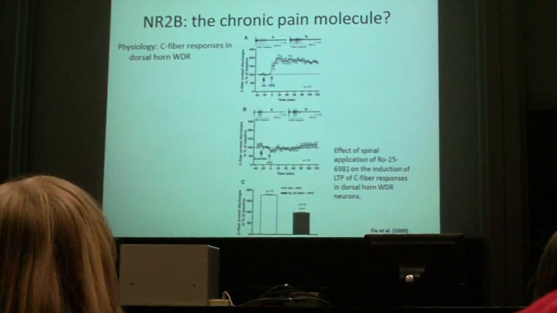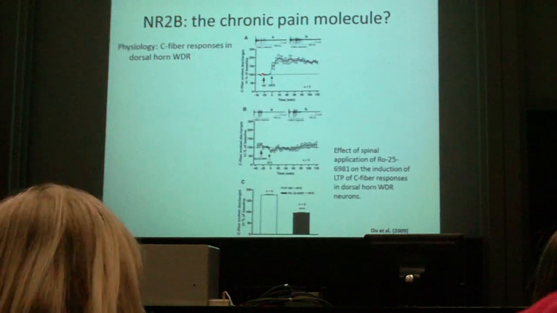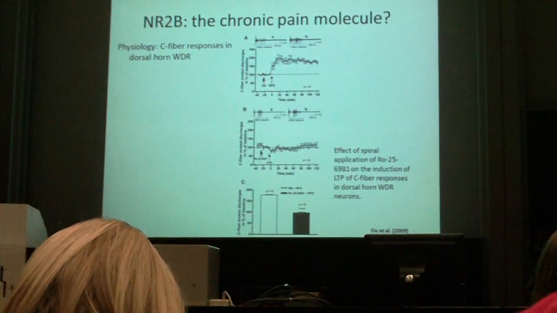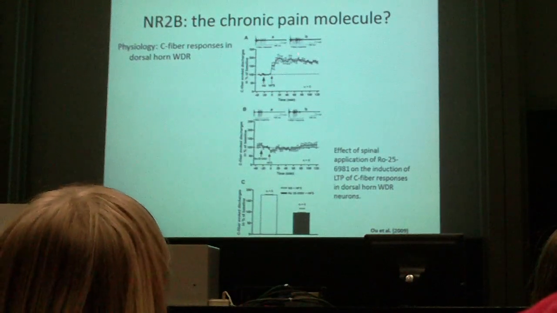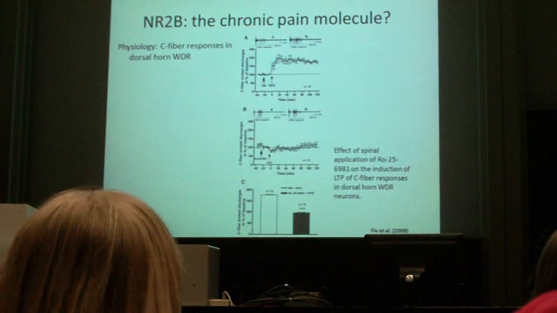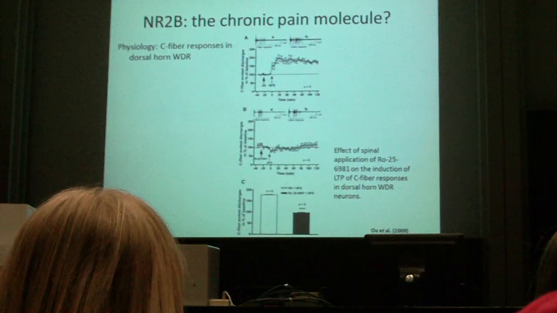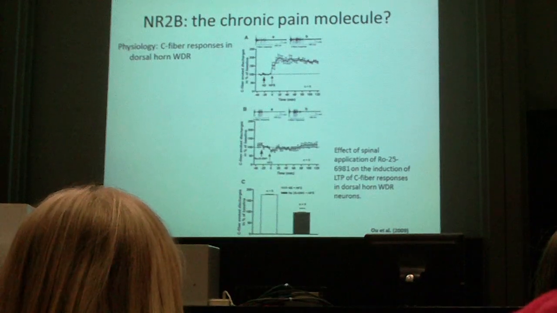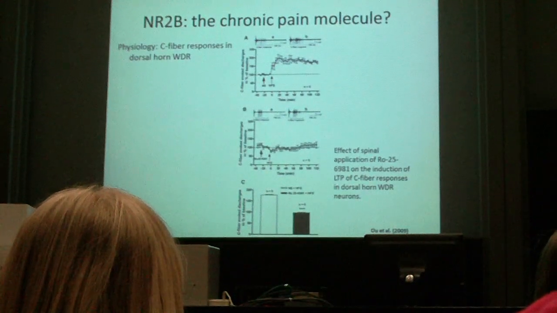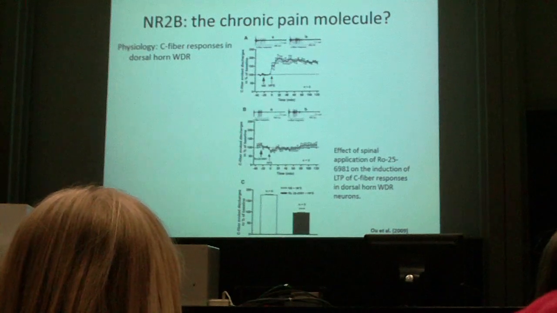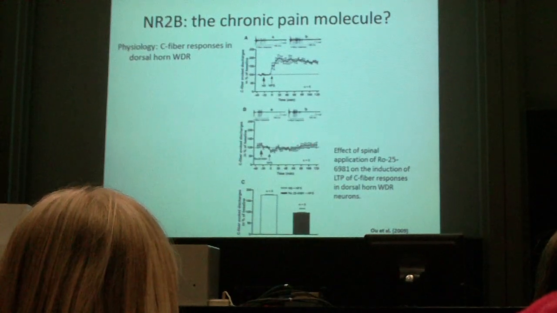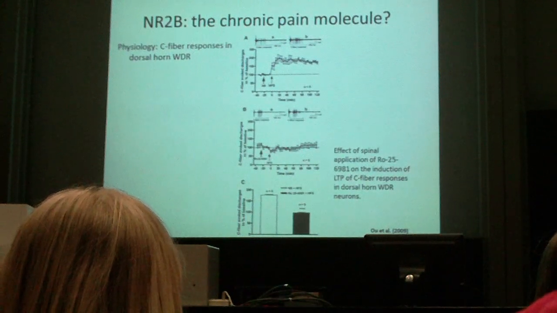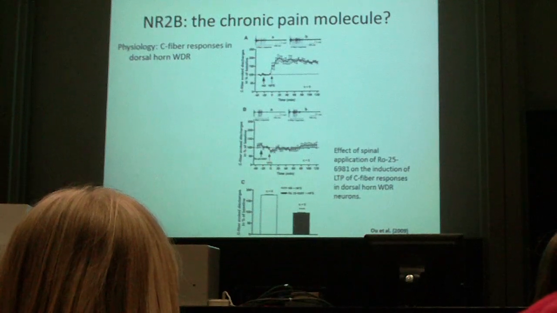And here you see C fibers. You have a stimulus and you see a high frequency stimulation. This is the normal response. This is when you block this glutamatergic, NMDA NR2B subunit-containing synapse with this drug, and you no longer see this high frequency stimulation.